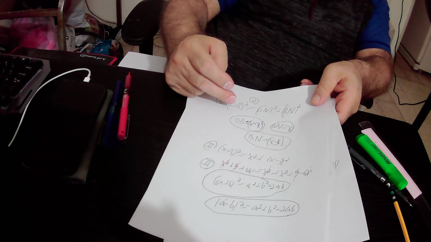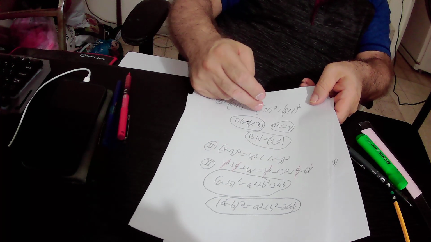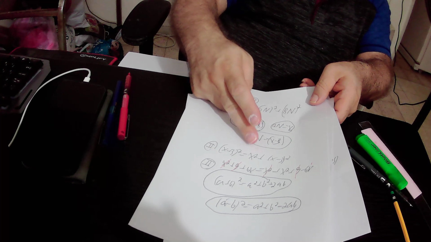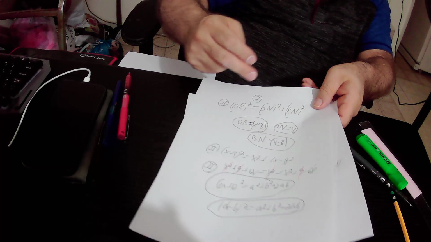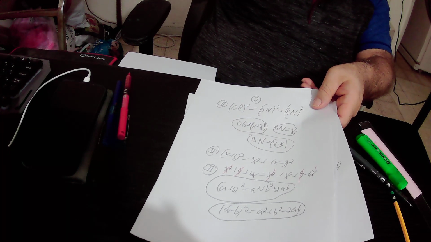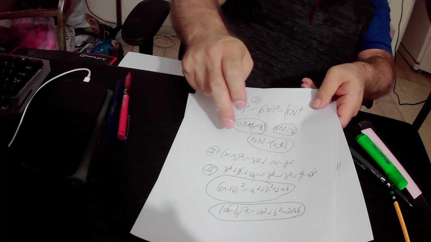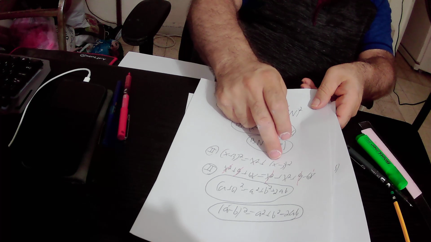So we can substitute OB by x plus 3, ON by x, and NB by x minus 3. Okay, so we solved the second equation that states that x plus 3 square equals x square plus x minus 3 square.